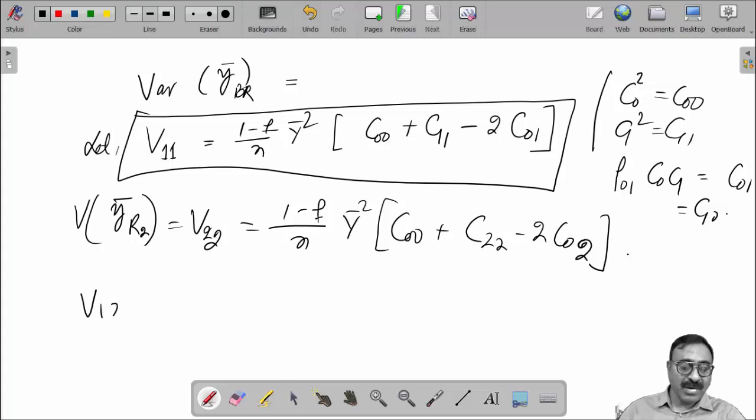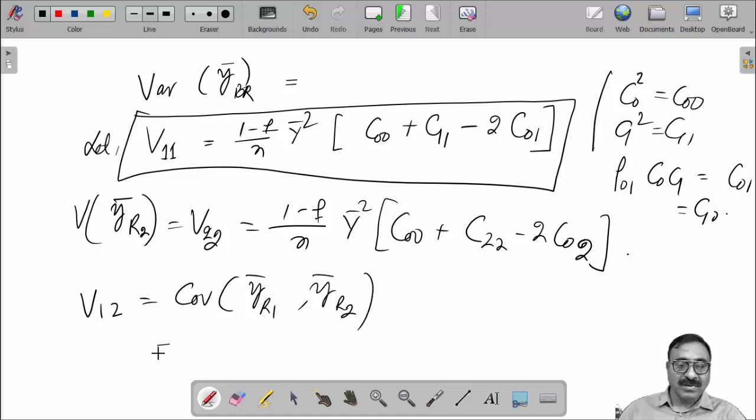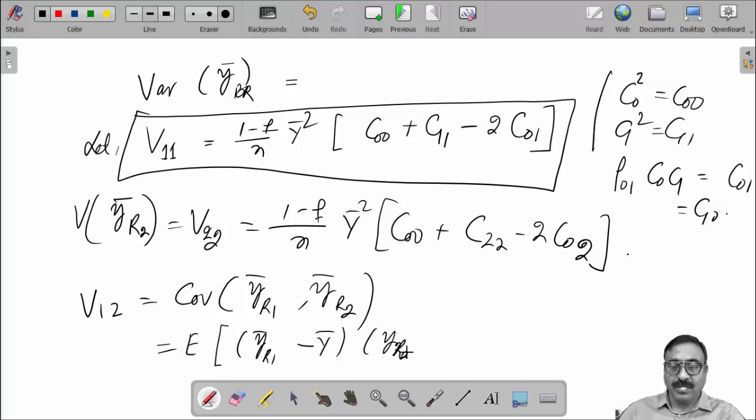Now V12 equal to covariance of Y R1 bar, Y R2 bar. Now this is equal to expectation of (Y R1 bar minus Y bar) into (Y R2 bar minus Y bar).